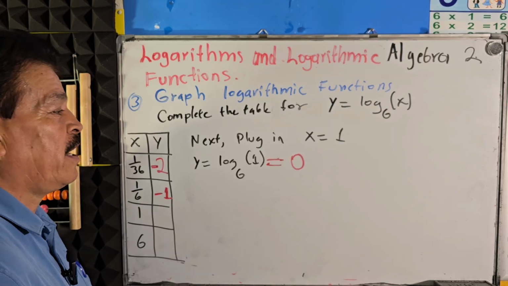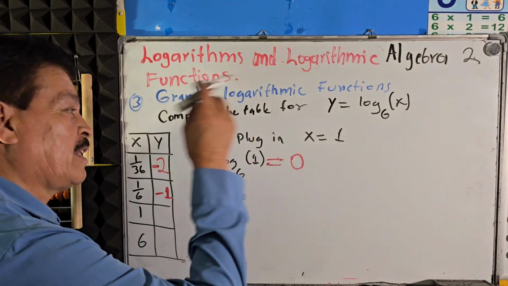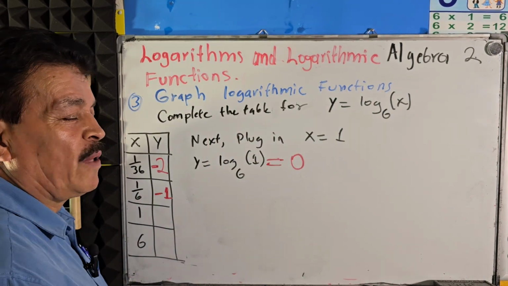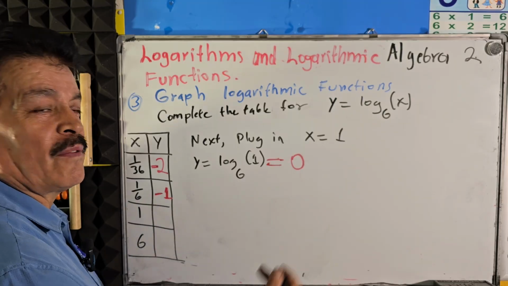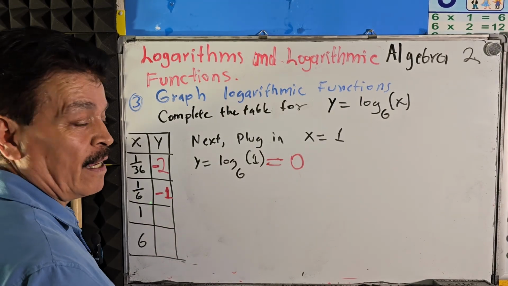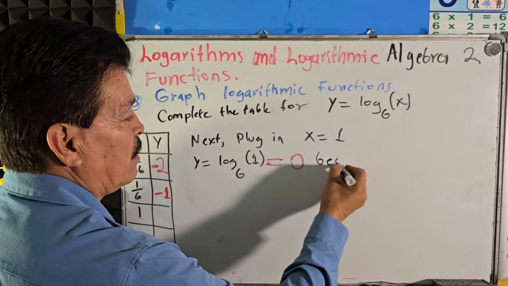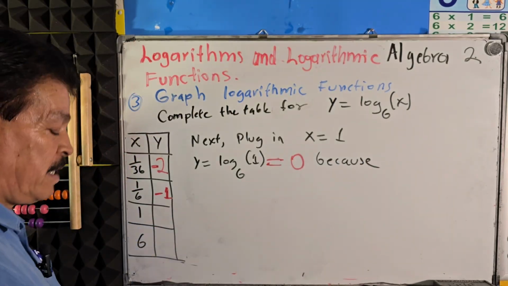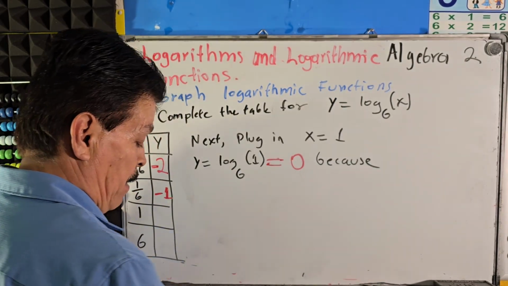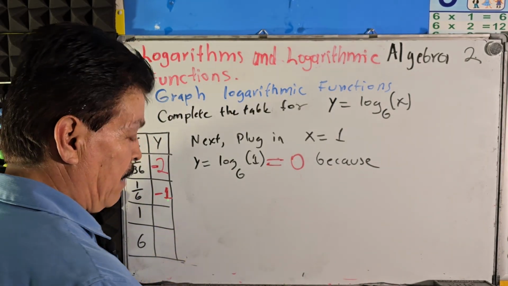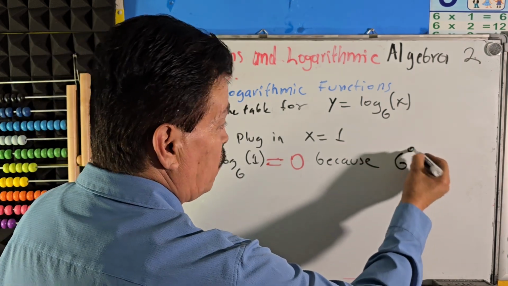Why is it 0? Yeah, I made a mistake in the problem before, but we learn. I am learning too, from my mistake. Why is it 0? Because you have 6 to the 0 power.